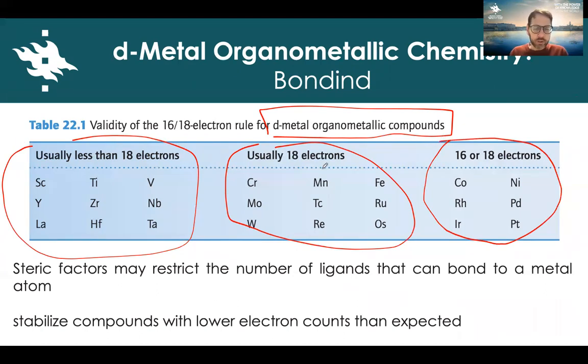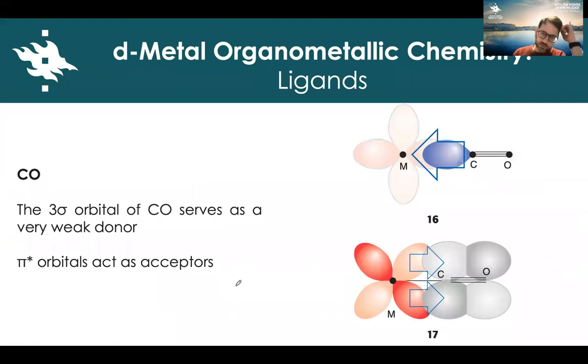It's also important to note that some steric factors can restrict the number of ligands that can bond to the metal atom, and some ligands can stabilize compounds with lower electron counts than expected.